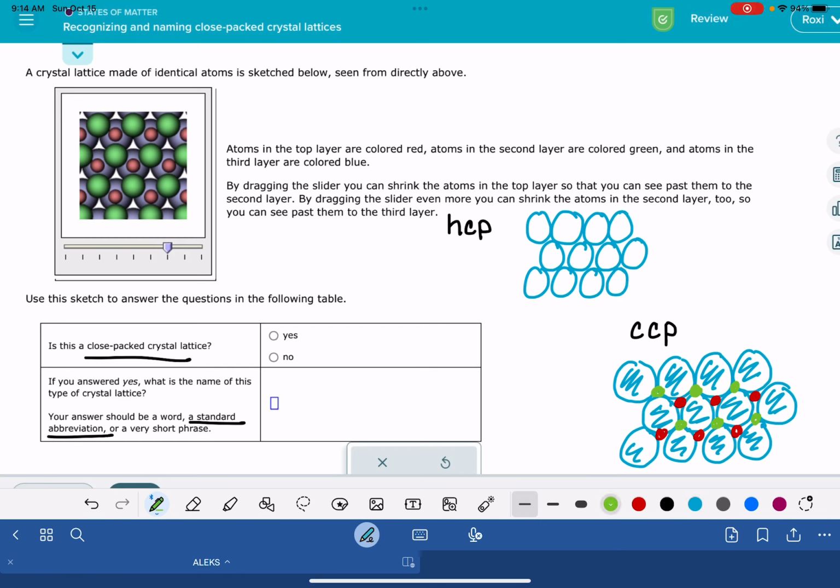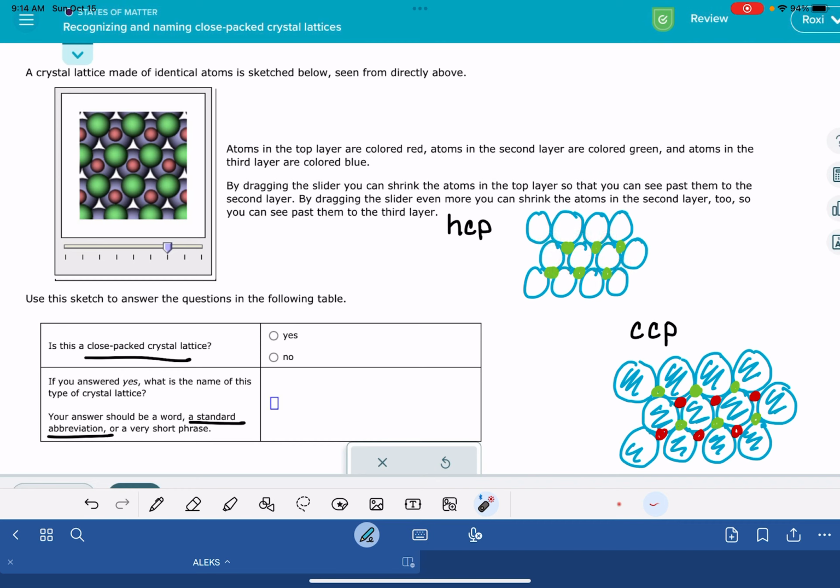And then you're going to see one type of atom. I'm going to go with green. You're going to see one type of atom that is fitting into the gaps in these spaces, but it's not fitting in all of the gaps. You can see in my little drawing here, some of these gaps or holes are going to be left empty.